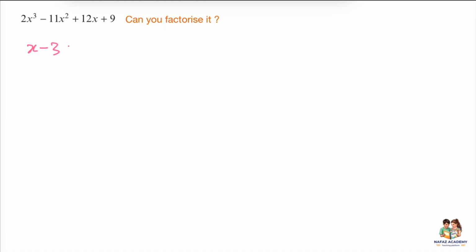At first write the divisor, then write the dividend. What is the dividend? The dividend is 2x cubed minus 11x squared plus 12x plus 9. To do a long division, you can watch my previous videos. I have explained the long division, how to use the long division rules.